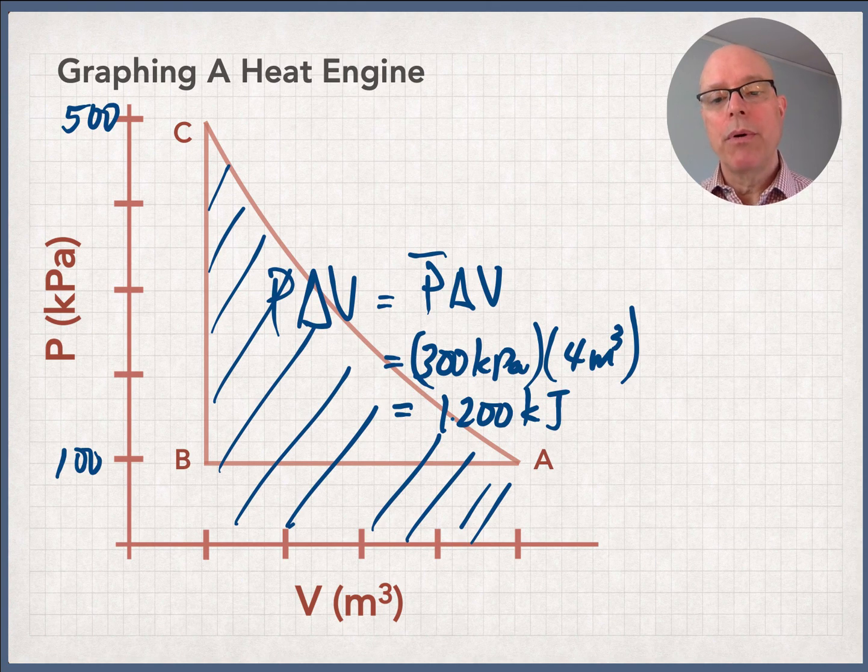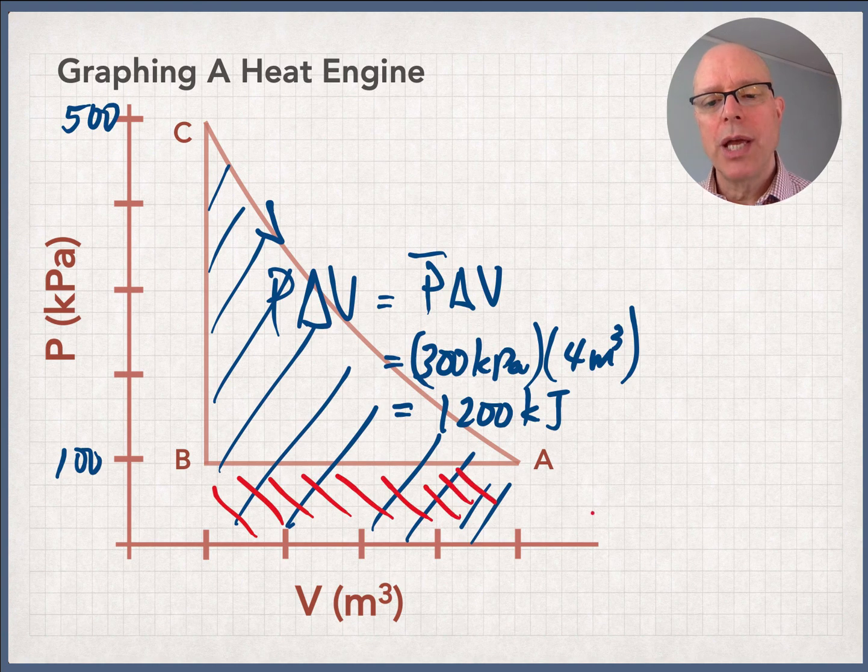So this is where I want to put all parts of our engine discussion together. So I get work done by the gas at a higher temperature than the time that I did the work on the gas. So what I'm going to do is come back with my red pencil here and just color in the work that we did on the gas in the first stage. So you remember that was minus 400 kilojoules from our first slide?